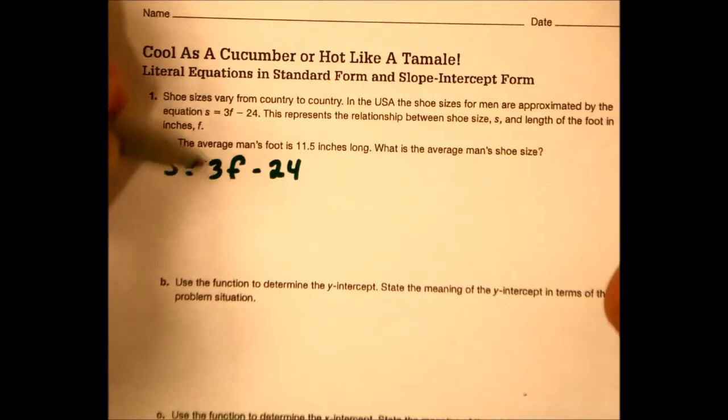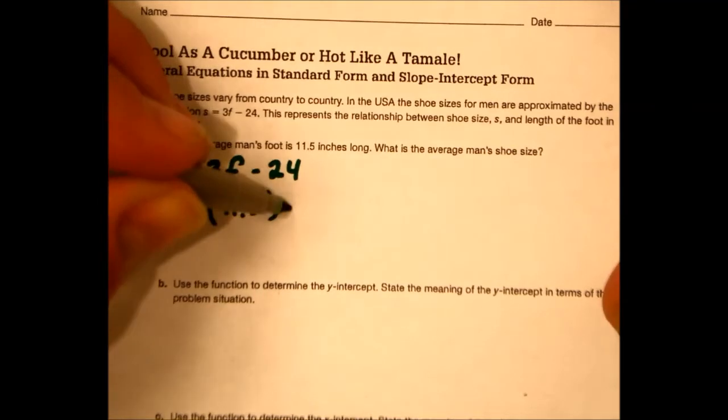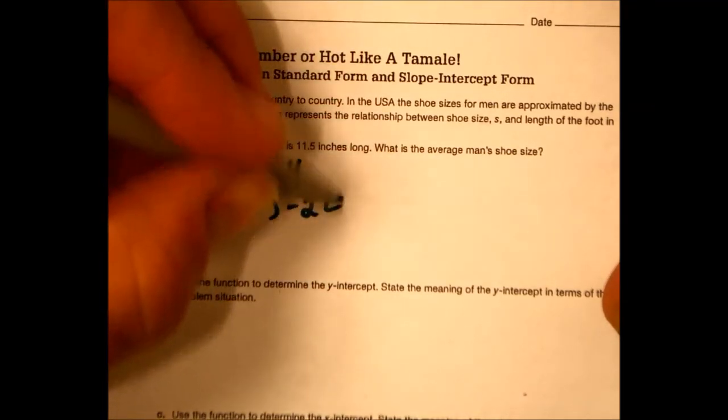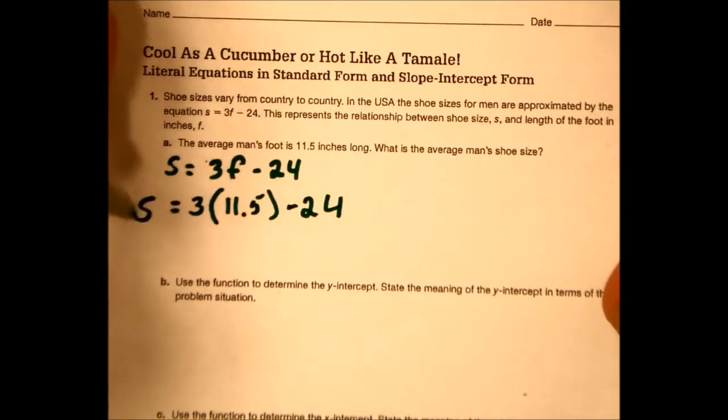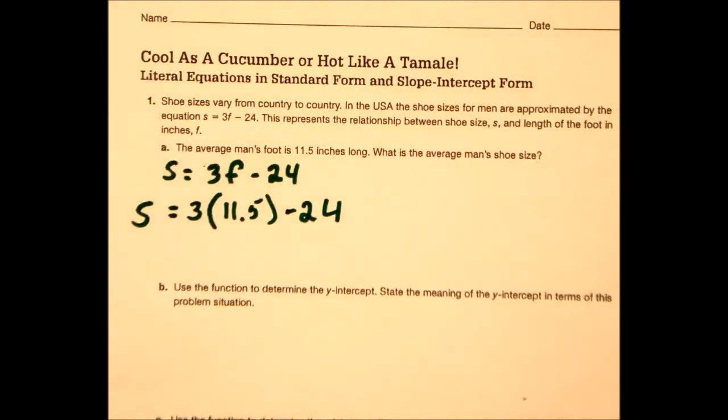So here we go. We now take out the F, and we'll replace it with 11.5. 3 times 11.5 minus 24 equals the size of the shoe. So now is when we actually use our calculator.